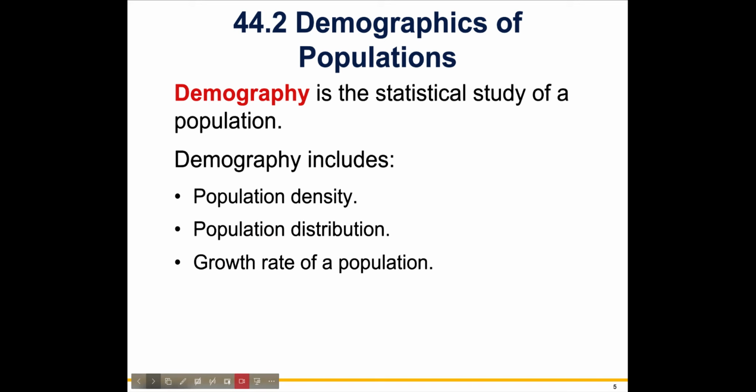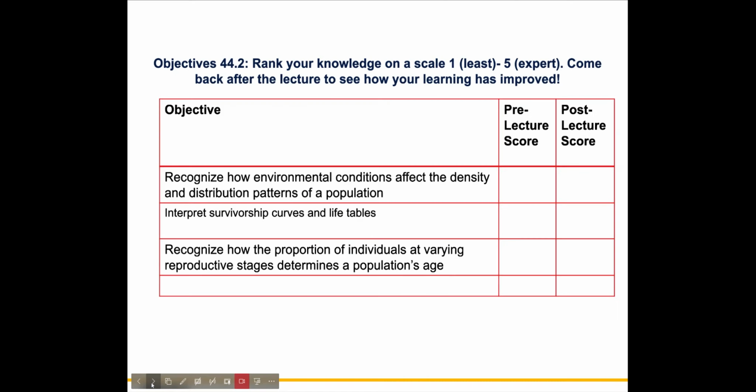And when we're looking at it for a population, it's going to include population density, population distribution, and the growth rate of the population. So from that, we're going to get some new objectives here where we are going to recognize the conditions that affect that distribution and density.